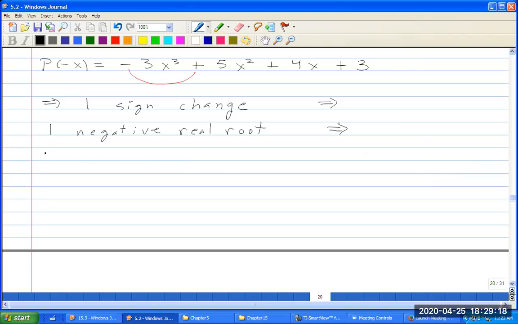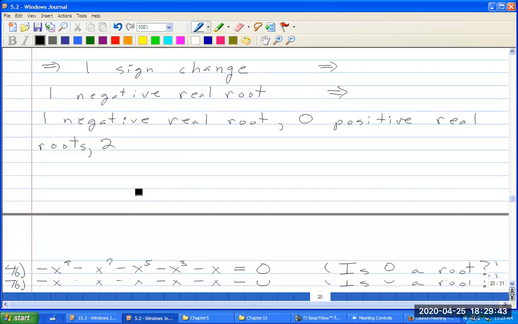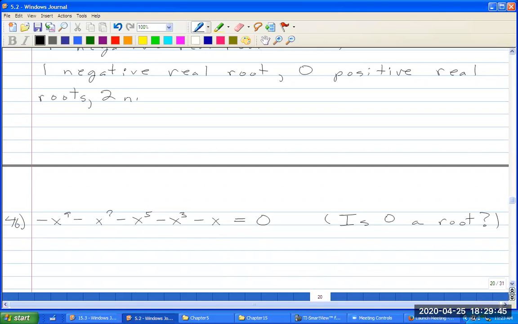So 1 negative real root, 0 positive real roots, and 2 non-real complex conjugate roots.